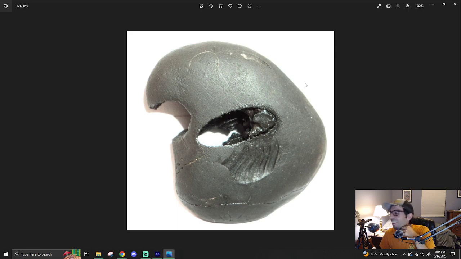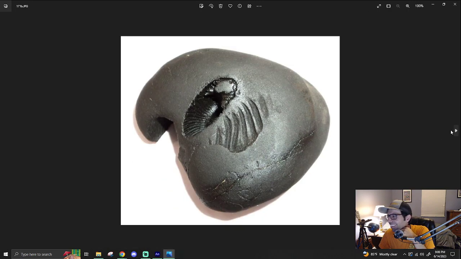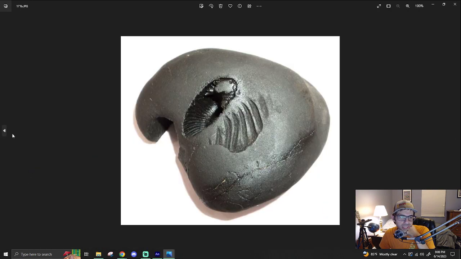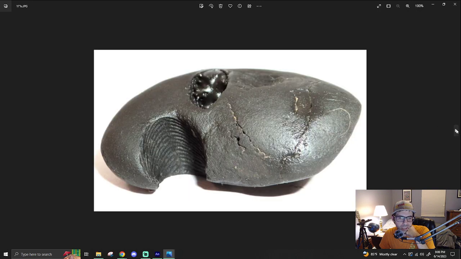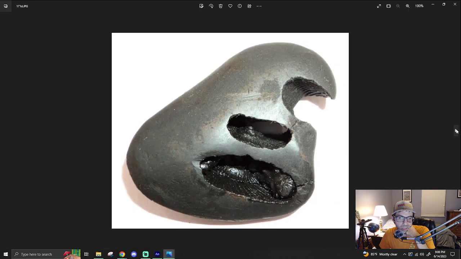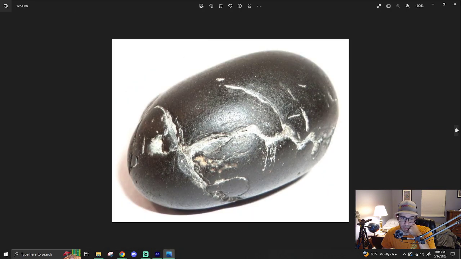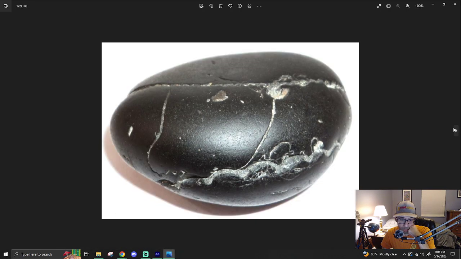Shivalin. Oh. Little whale. Okay, I'm just looking at these now. They're so incredible. How are these fossils?